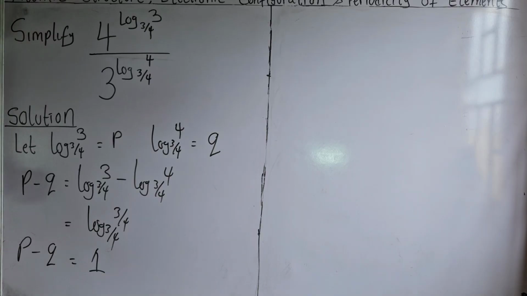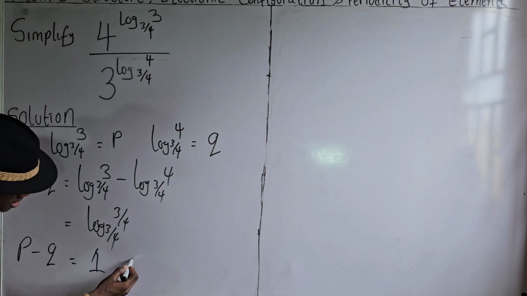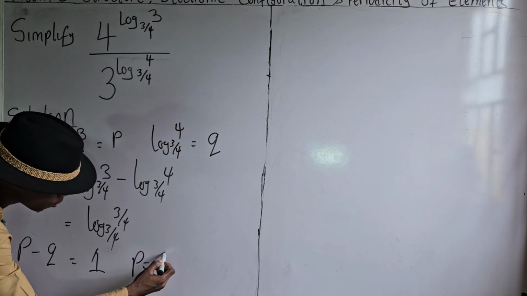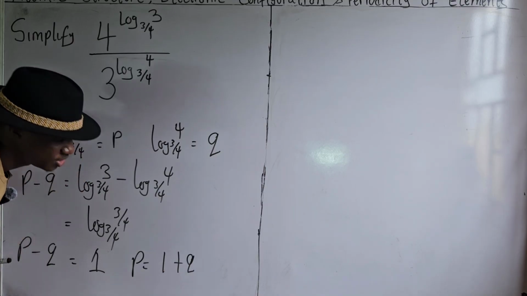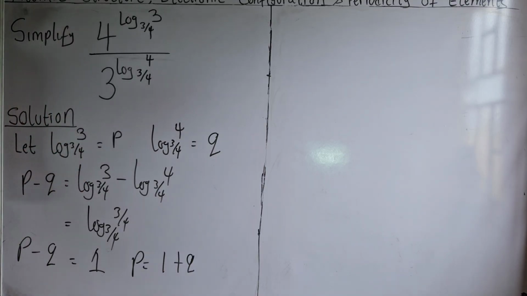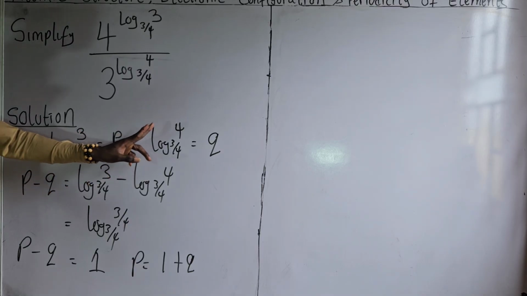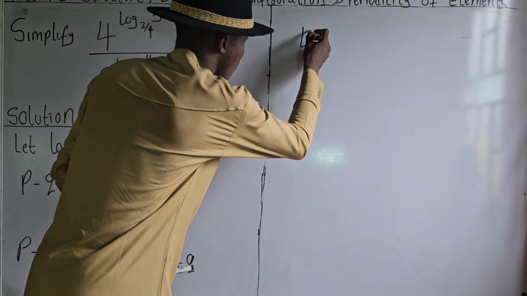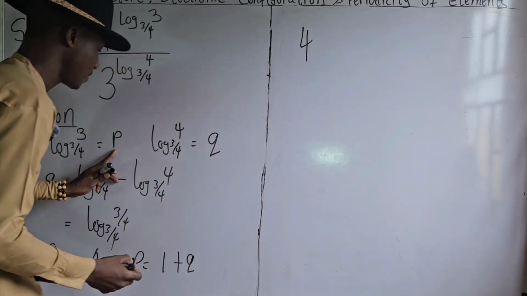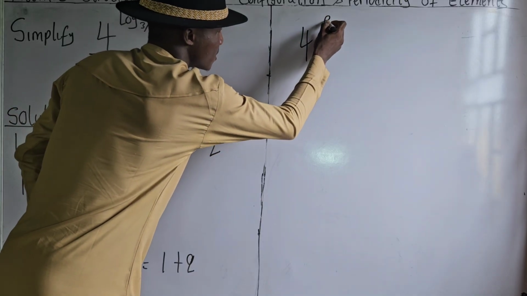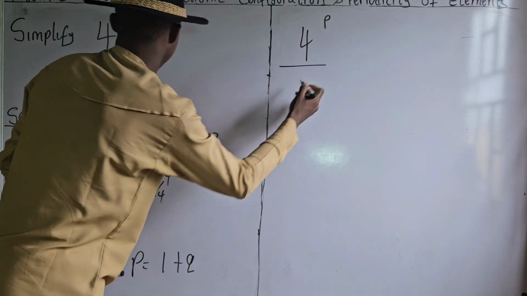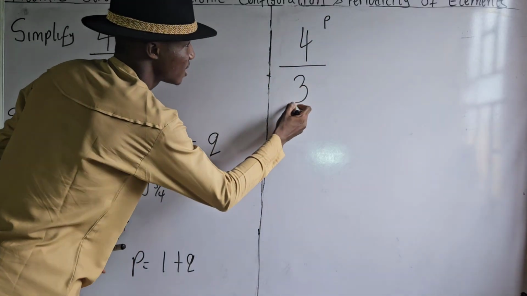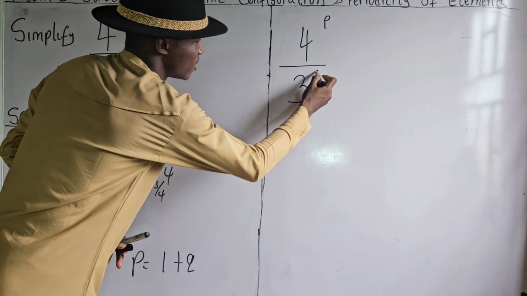Make p the subject of the formula. p will be equal to 1 plus q. Are you getting it? So let's go back to this logarithm. Since we said let log 3 base 3/4 equal p and log 4 base 3/4 equal q, the expression now becomes 4 raised to the power of p divided by 3 raised to the power of q, right?